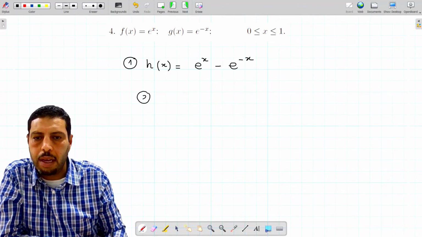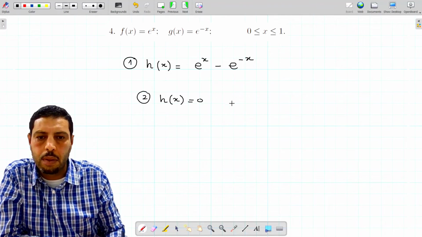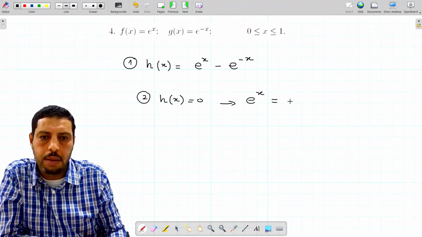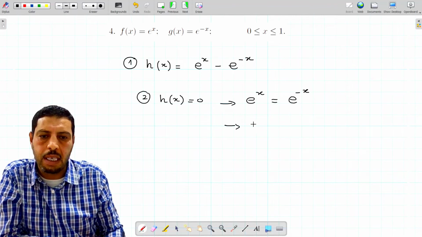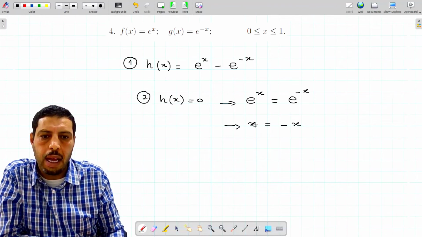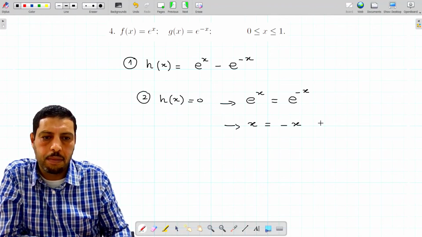You solve h of x equals 0, which means exponential x equals exponential minus x. Of course, you can apply the ln here to get rid of this exponential, so you will get x equals minus x, okay? And the only solution here is 0, okay?